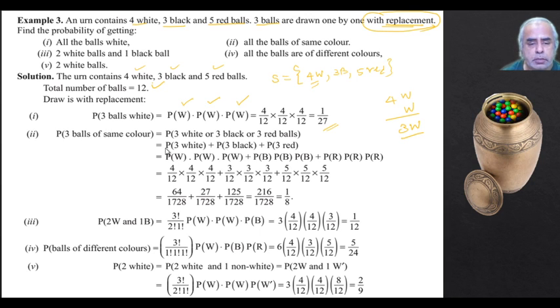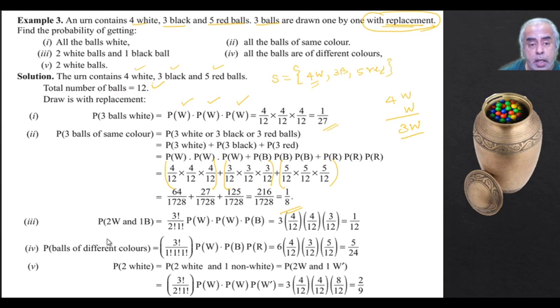So it means probability of 3 white plus probability of 3 black plus probability of 3 red. So once again you multiply 4 by 12 three times, and similarly for black 3 times and red 3 times. This is the way you approach it, and finally you get the result 1 by 8.